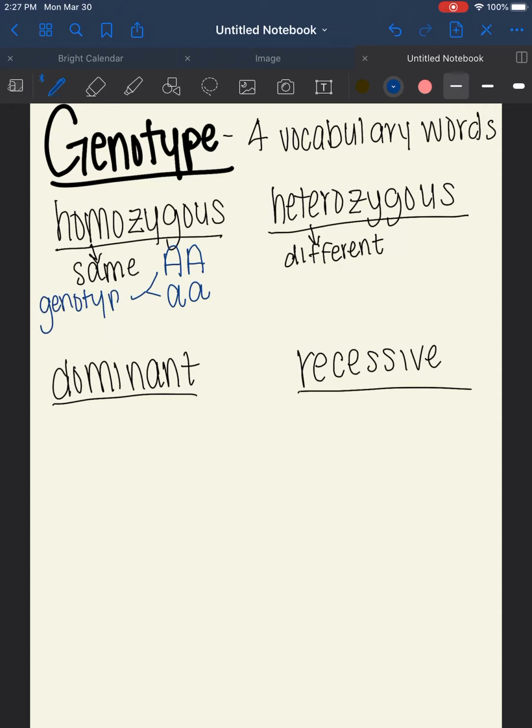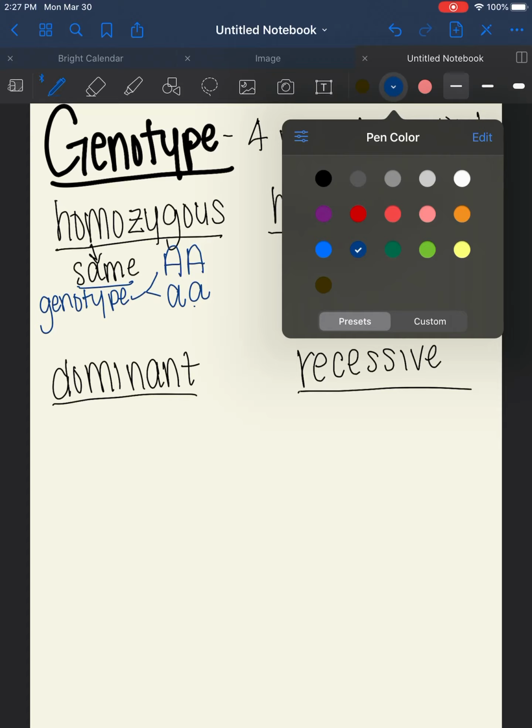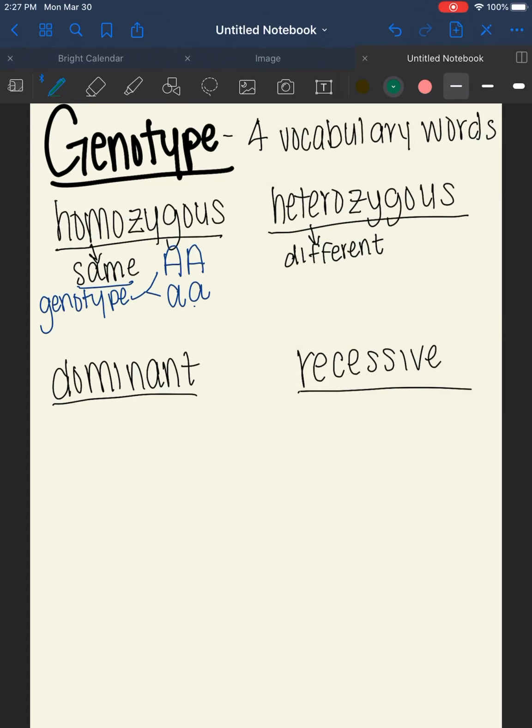But those 2 letters together, like that, is your genotype. So this genotype, the big A or little a, is known as being homozygous because they are the same size. Okay? And then the other vocabulary word is heterozygous.